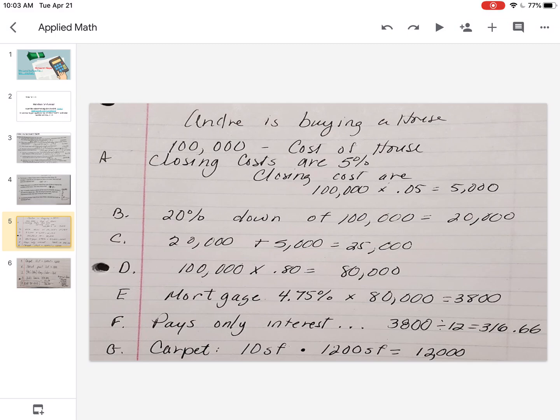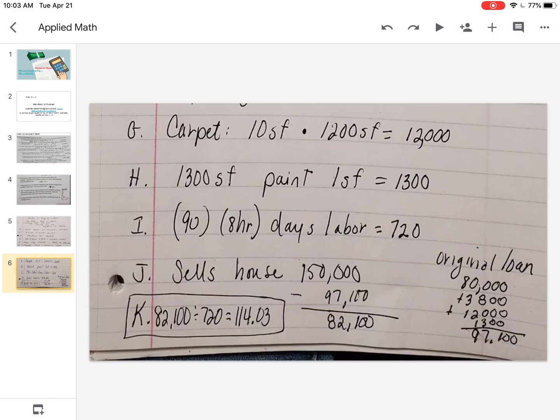So these are examples of each problem on the worksheet, except I've changed the numbers. If carpet costs $10 a square foot and there's 1,200 square feet, you multiply them together. Then we have 1,300 square feet, and the paint costs, let's say, $1 per square foot, so that would be 1,300. You just multiply them.